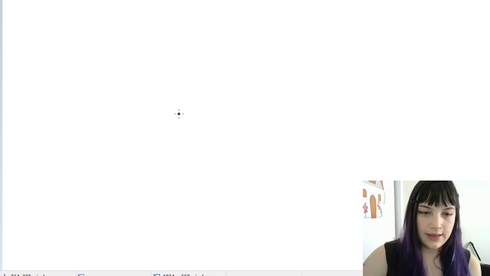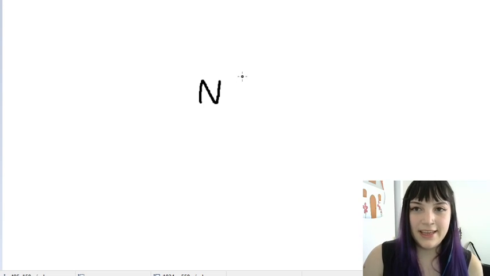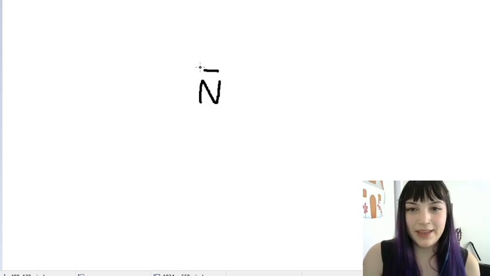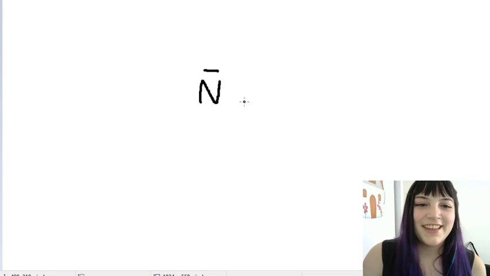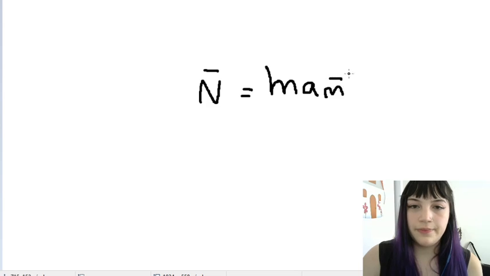Also, we have the letter ñ, which you can see like the N, but with a little tilde, a little stick. And that sounds like ña, like mañana, for example. Mañana means tomorrow or morning.